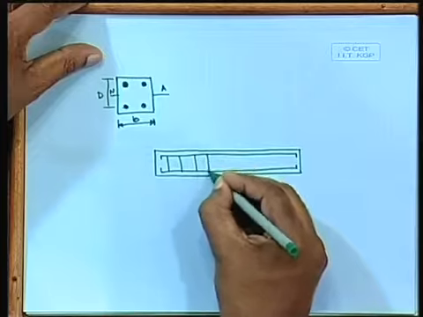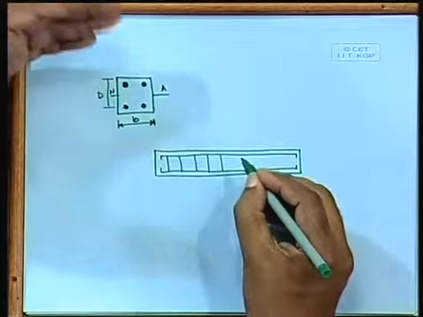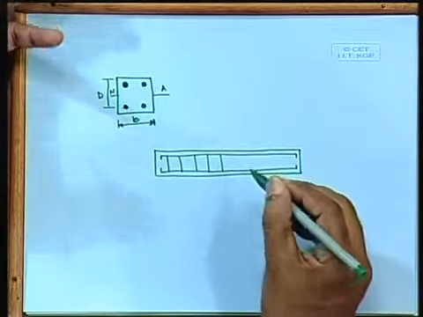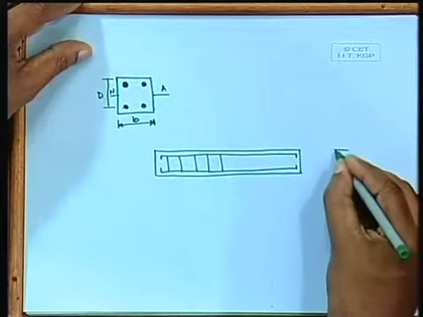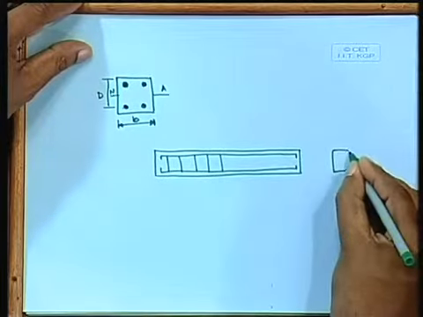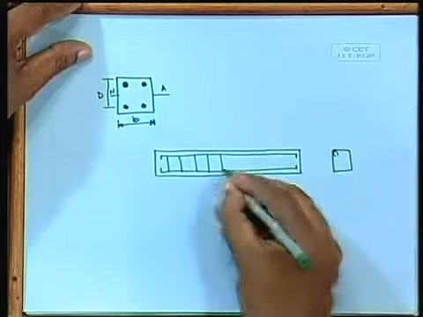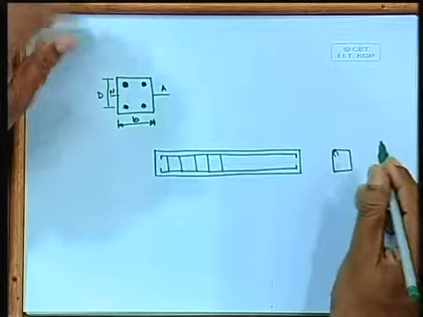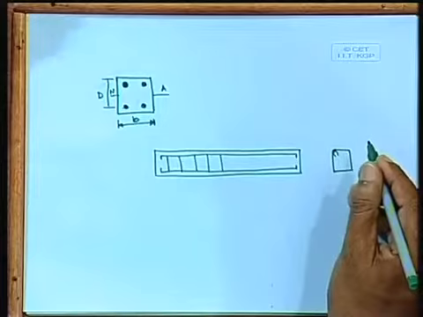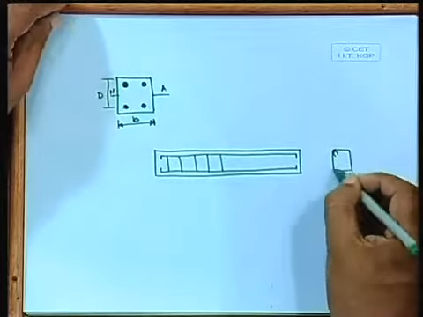The stirrups go like this, and they will resist shear, because stirrups resist shear. Each stirrup looks like that. When we design for shear, at that time we shall consider these stirrups.